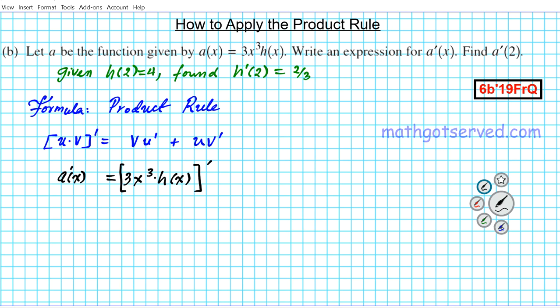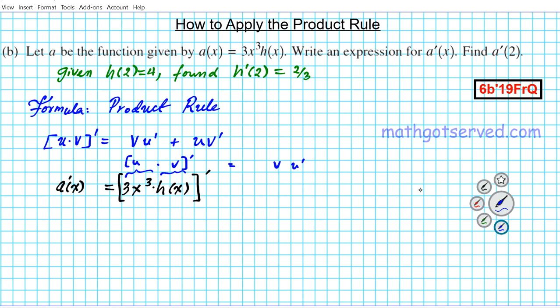Okay, so we need u and v. So let's call 3x to the third, 3 times x to the third, u, the first function, and then we'll call the second function h of x, v. Now, let's apply the product rule here. So it's going to be v u prime.